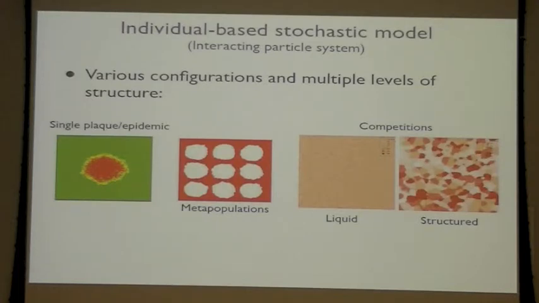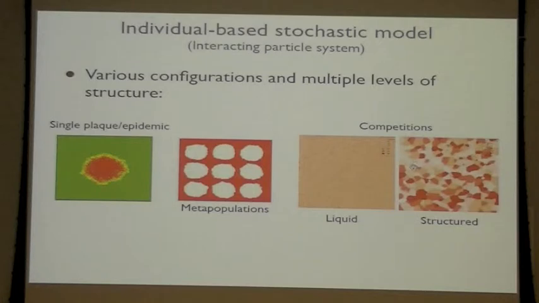We can also run competition simulations. So what I'm showing here on the right is a competition simulation where we basically sprinkled phage of many different phenotypes onto the grid and let the simulation go to ask who wins, what's the best phenotype in terms of competitive fitness.